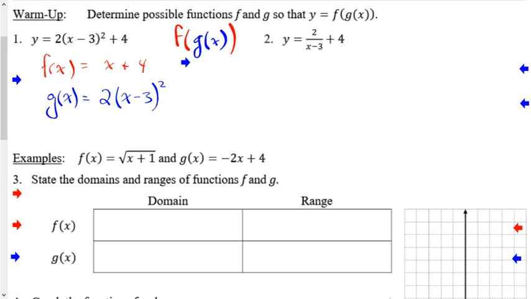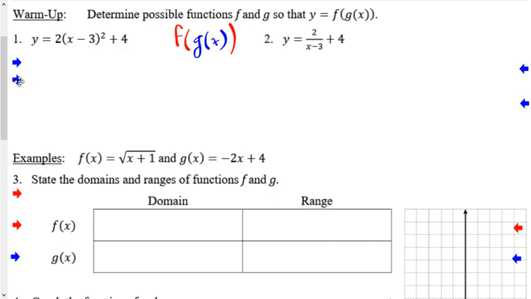So what I'm doing is saying, let's just make this whole thing my x, and then I'll do a plus 4 afterwards. What am I going to stick in place of my x? Well, that will be the g of x function, the 2 times x minus 3 all squared. So there's the inside function that's going to go in place of that x. That is one option.